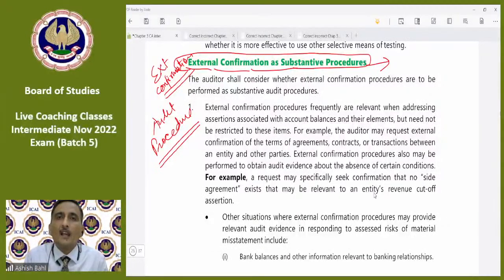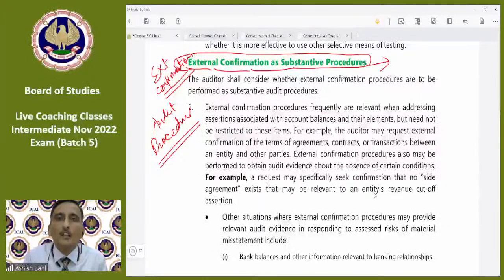Now, when I am trying to check the balance of a debtor, say, then I am trying to check the existence assertion. I am trying to check existence and other assertions relating to account balances.